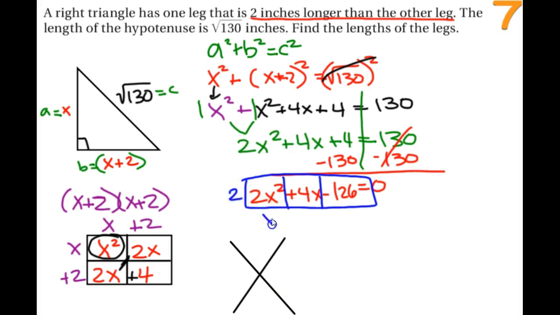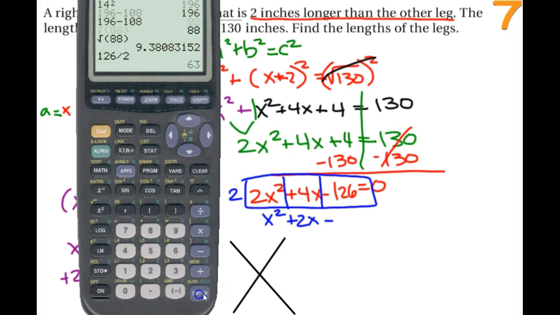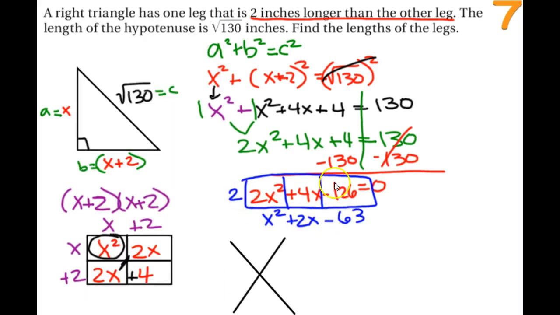If I take out a 2, I'm left with x squared, 2 times 2 is 4x, and 2 times something is 126. I'm just going to plug that in my calculator if I'm not sure. 126 divided by 2 would be 63. So 2 times 63 would be 126.